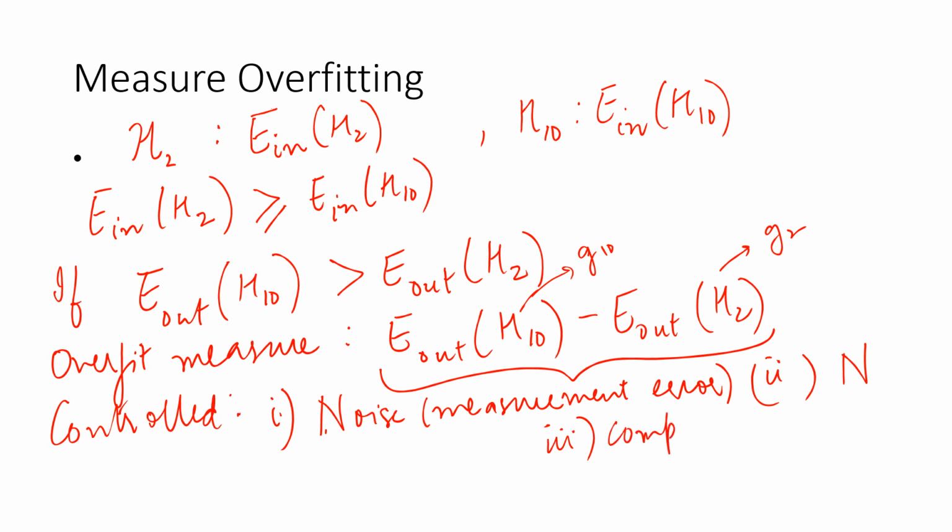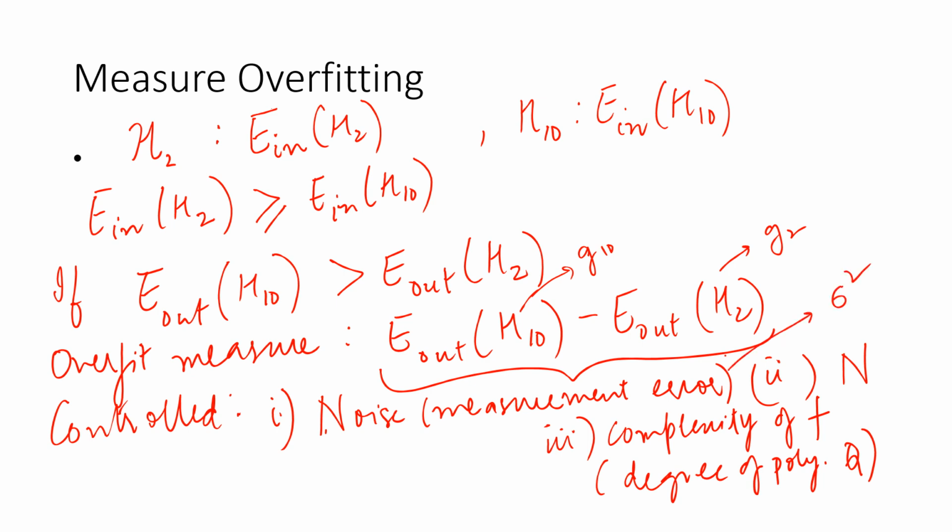And by complexity here, we mean the degree of polynomial, which is Q. And how we are trying to vary the noise is the variance in the measurement errors, so essentially sigma squared.